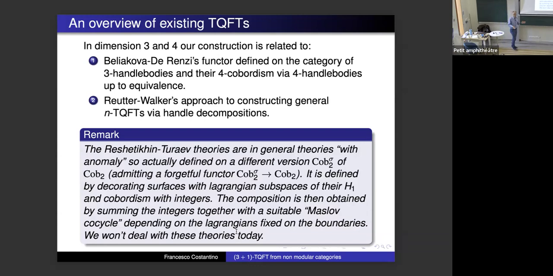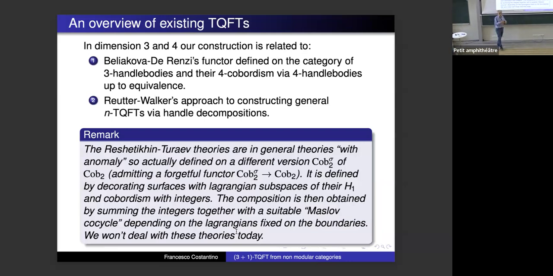You might be asking yourself, where is Reshetikhin-Turaev here? I've been talking only about Turaev-Viro, and Reshetikhin-Turaev is missing. I will not be talking about it today, but let me mention the following. You've seen it probably in other talks. In truth, Reshetikhin-Turaev is not a TQFT in the sense I gave you.